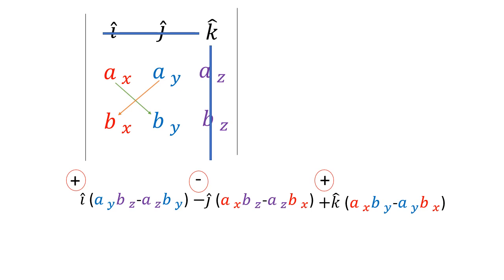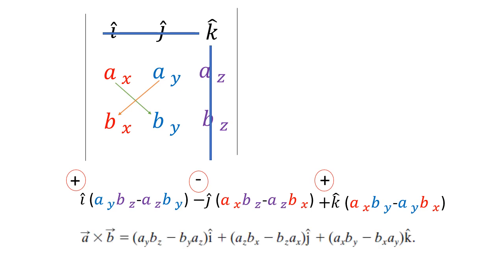If you want to change this minus sign, you can multiply it inside, so that this term becomes positive. You see, ax bz is written here and az bx is here, so you can write it either like that or like this. This is how you calculate the cross product.